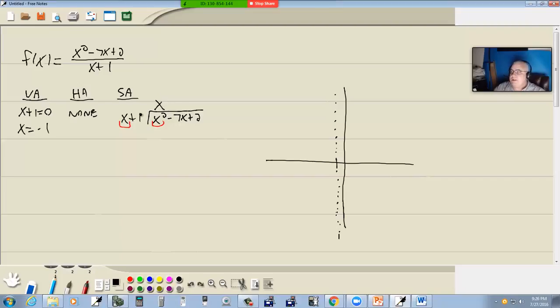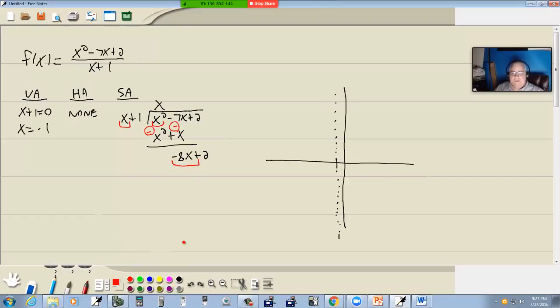Then whatever we put up on top, we multiply by what's out in front. X times x is x squared. X times 1 is 1x, or x. Now we're going to subtract that line, which means flip signs. So it becomes negative, this becomes negative. X squared minus x squared drops away. Negative 7x minus x is negative 8x plus 2.